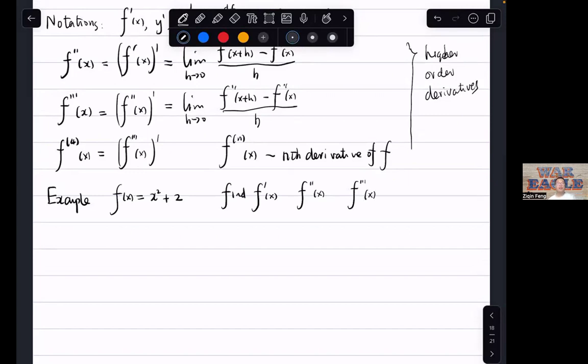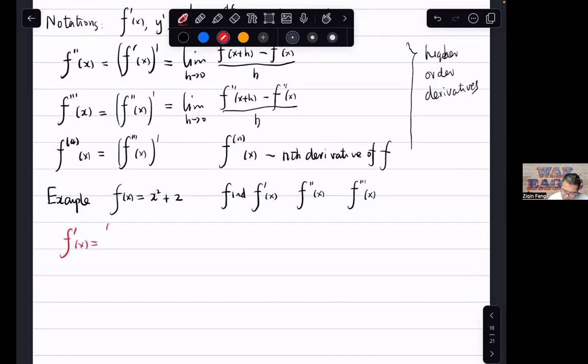Clearly, you cannot directly calculate the third derivative. You have to start from the first, then go to the second, then go to the third, because the definition only allows us to do one derivative step by step. So let's calculate f prime of x first.